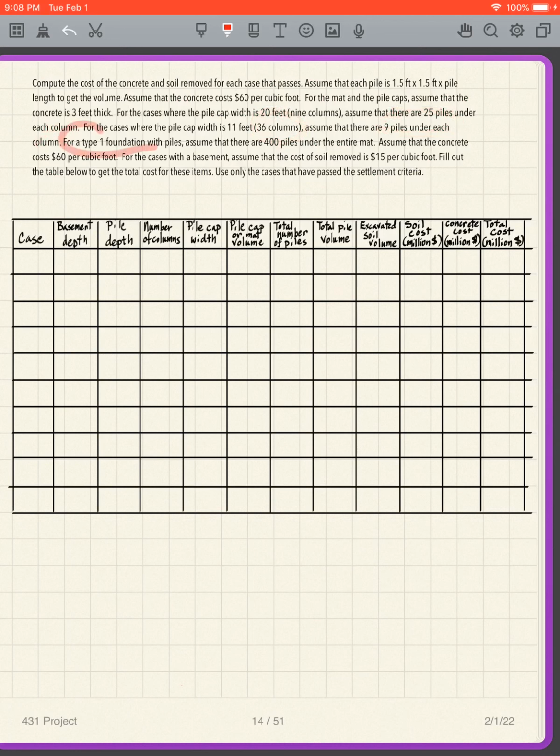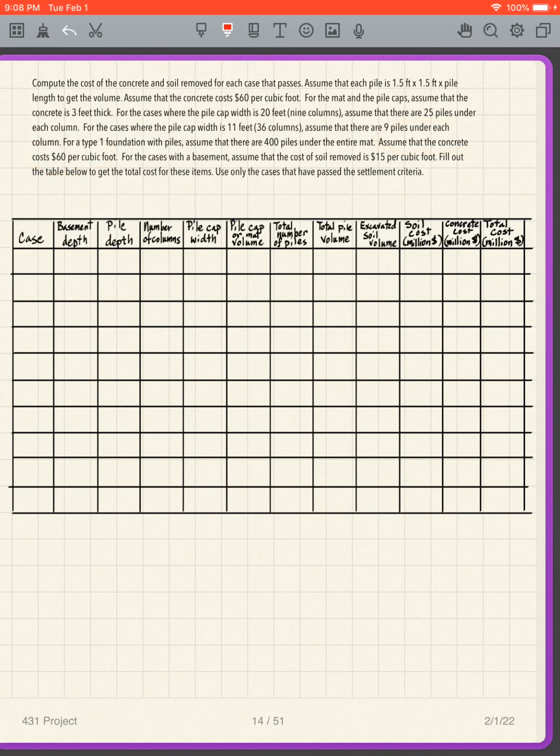For the type 1 foundation, where the piles go under the entire mat, I want you to assume there are 400 piles under the entire mat. So that's going to give you the number of piles. And assume that the concrete cost is $60 per cubic foot. So you're going to get the volume of the concrete and then multiply by $60 per cubic foot.